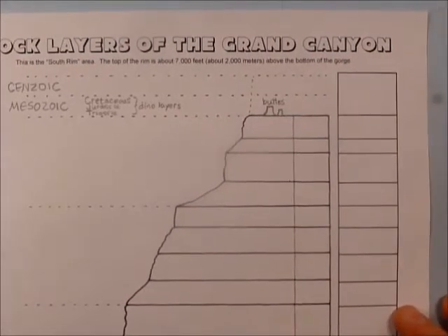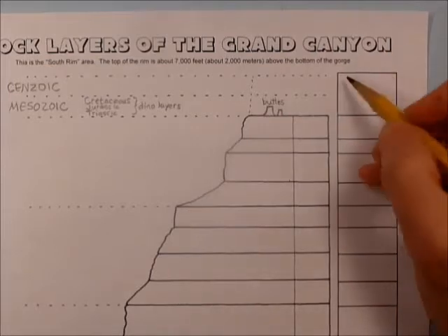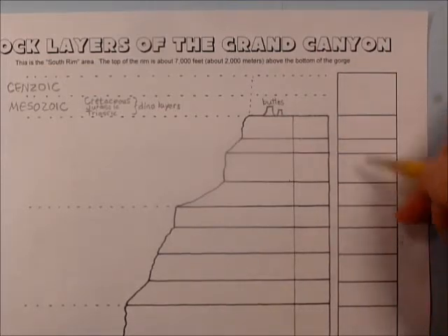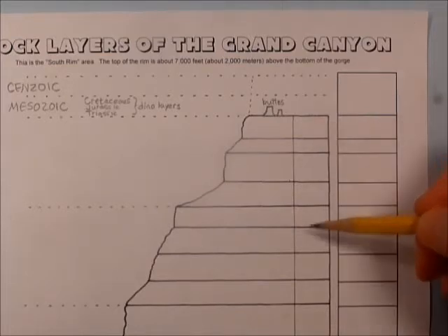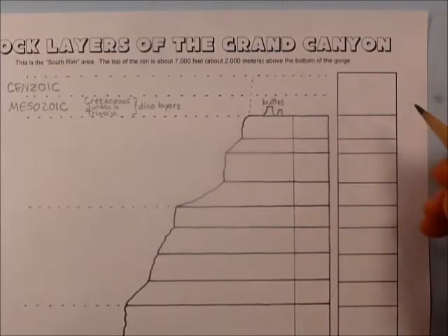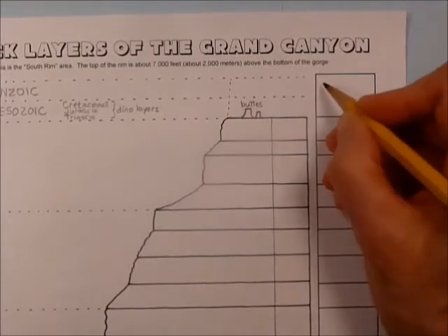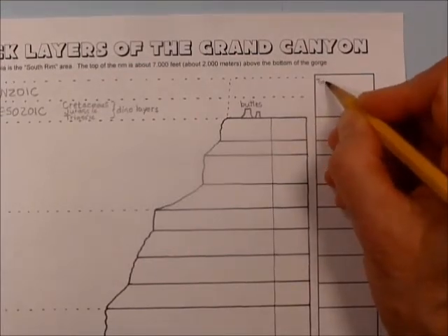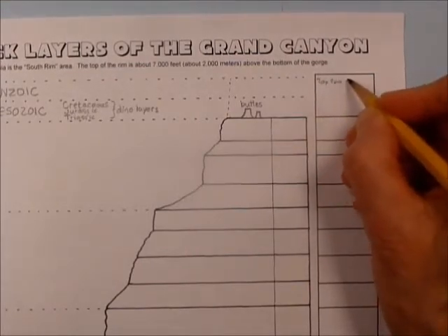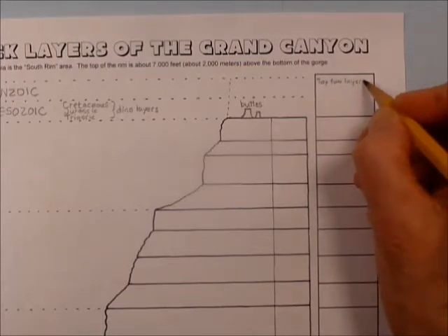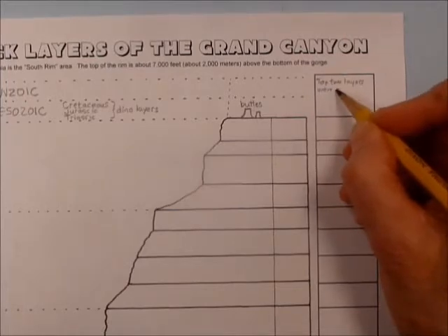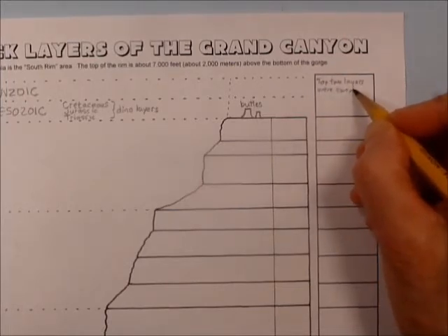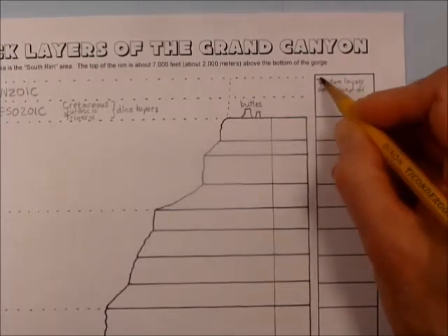So we can write in this box here. This will be where we write little comments and names and things down here. I was thinking we could use this for fossil notes, this for general notes. So we can write here, very small: top 2 layers were swept off, eroded away.